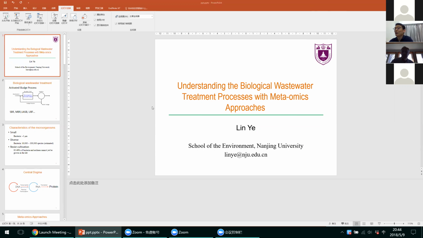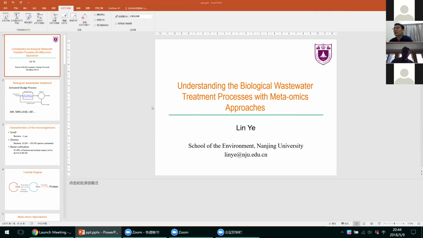I think for most studies, if they want to investigate the microbial community, more than 90% should use high-throughput sequencing. This is a very commonly used method. I think before 2010, people used DGGE or T-RFLP or some other methods.